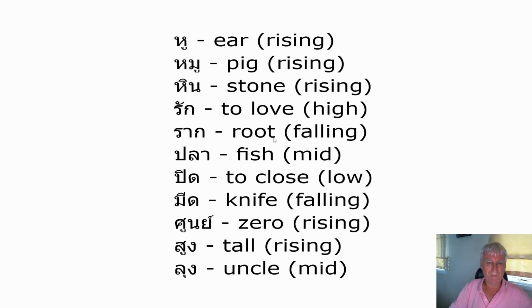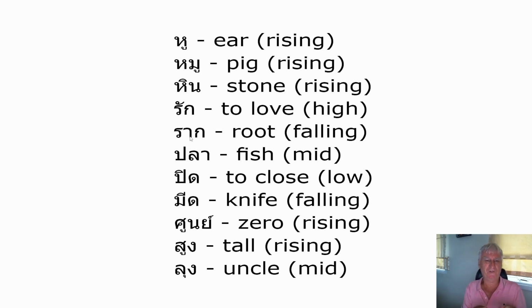This next word, similar, but it has a long vowel, not a short vowel. It means roots, like as in root of a tree or a plant. So again, it ends with the gorgai, the unreleased K, so it's a dead syllable. It starts with the raw rua, which is a low class initial consonant, but it has a long vowel.